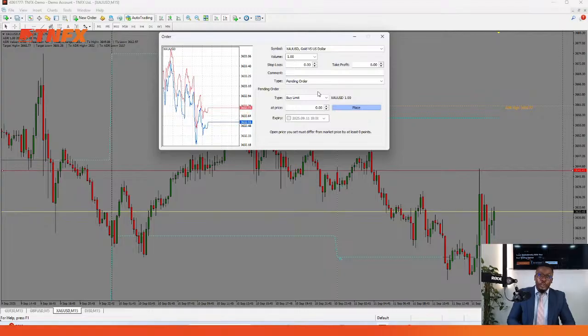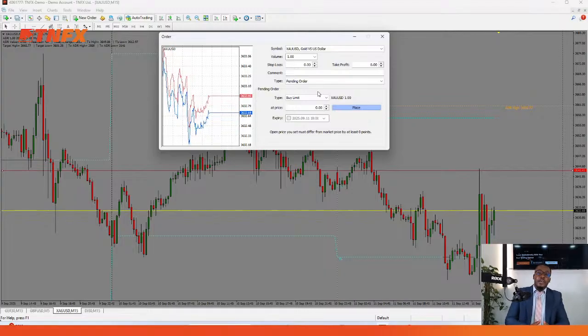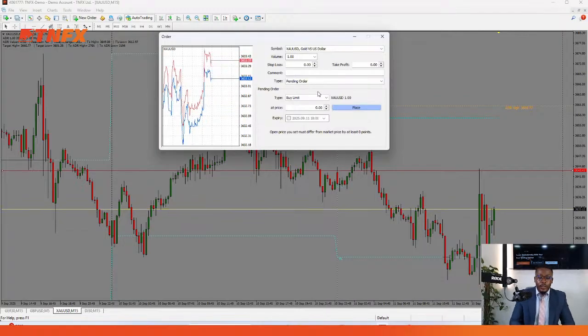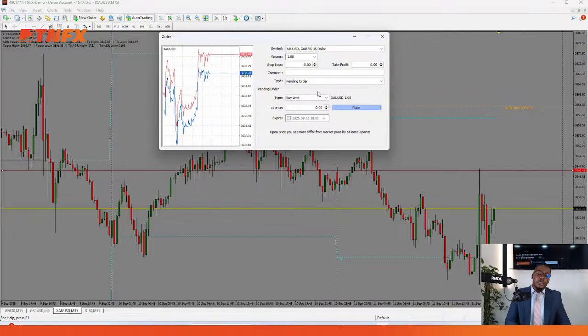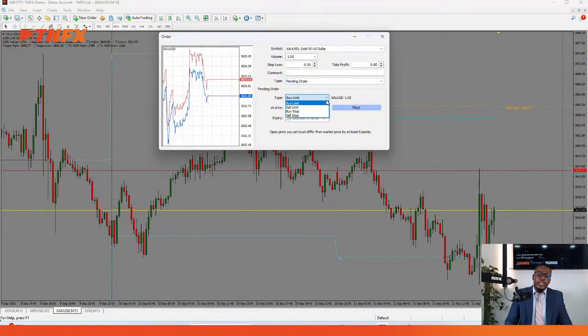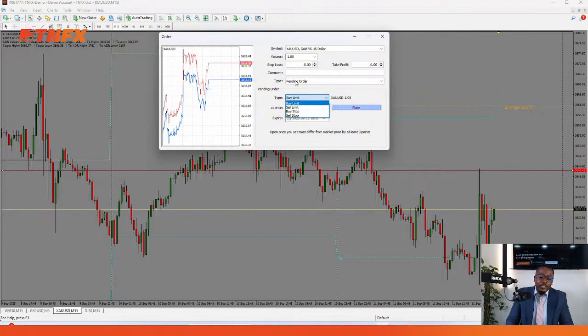So if you have done your proper top-down analysis, or you have predicted the direction in the market, which is what we call a trend, it's easy for you to say, okay, the type of execution that I'm going to initiate in this case will be a pending order.